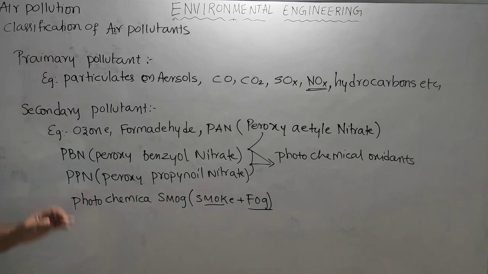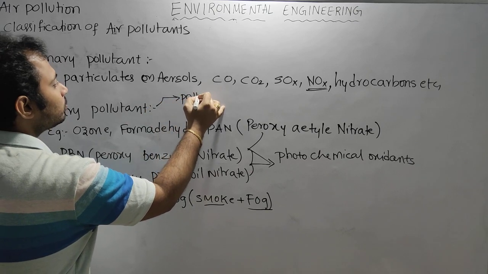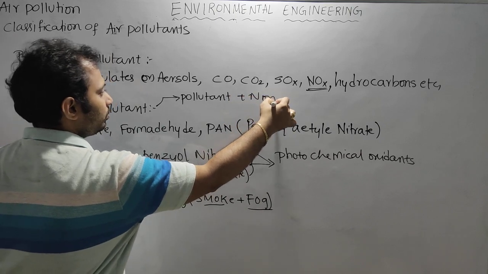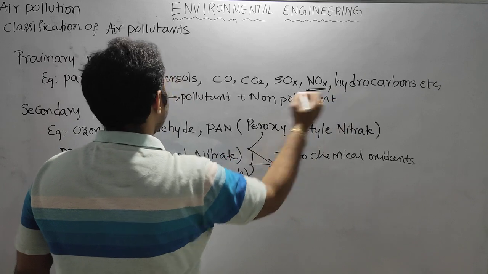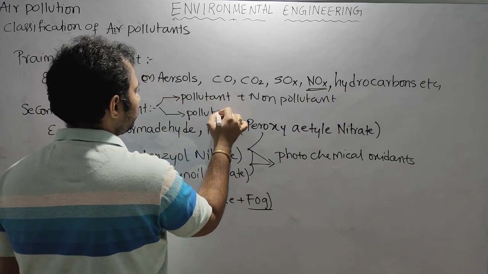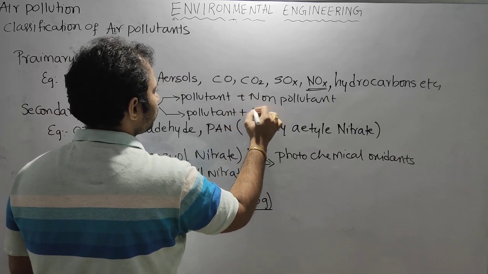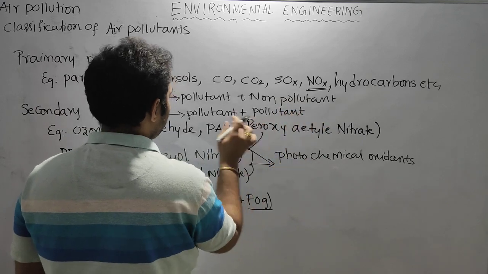See, a secondary pollutant may come out of a pollutant plus a non-pollutant, or it may come out of two pollutants again. So anyway, we call it a secondary pollutant.